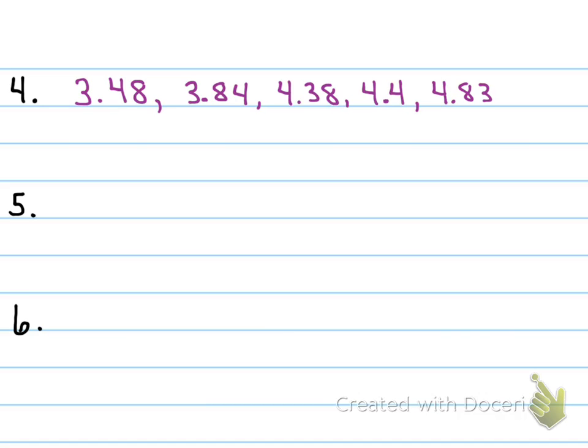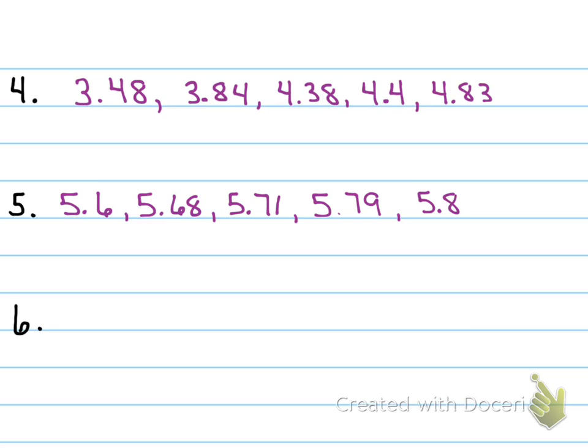What about number 5? 5 and 6 tenths. Very good. What's the next one? 5 and 68 hundredths. Then 5 and 71 hundredths. Then 5 and 79 hundredths. And last but not least, 5 8/10.